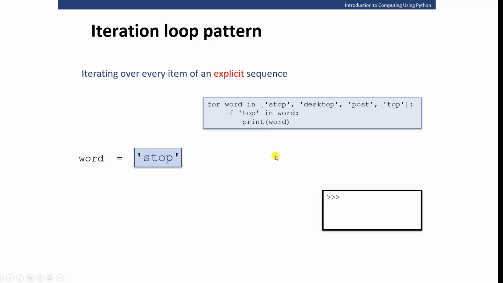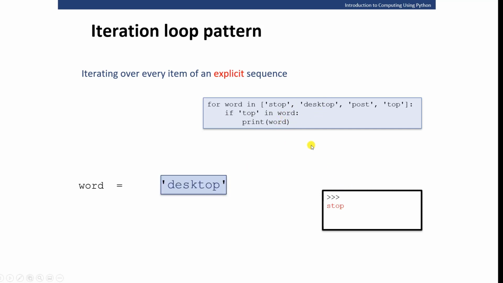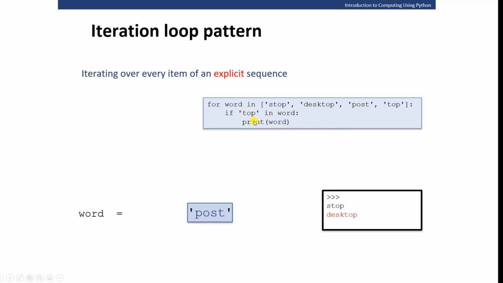So let's take a look at the words here. We have the word stop. Then we're going to check if top is included in stop. So that's why we're going to print it. Now in desktop, the word is desktop, and we check, yes, top is included, so we're going to print it. At post, the word post, top is not included, therefore we will not print it.